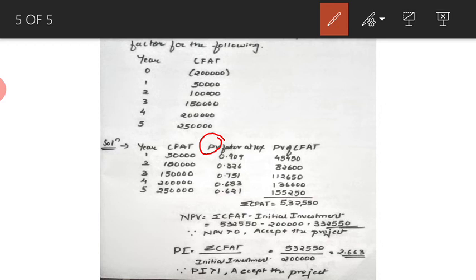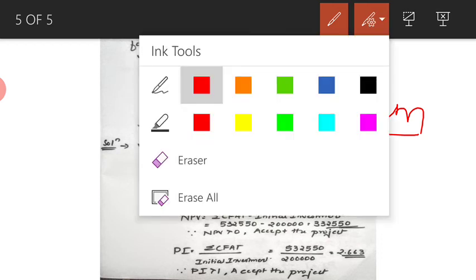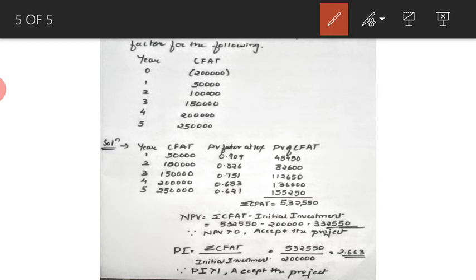Always remember, when the cash flows are not uniform, when the cash flows are separate, we have to use a lump sum factor. We cannot use annuity factor. We have to use the present value lump sum factor.